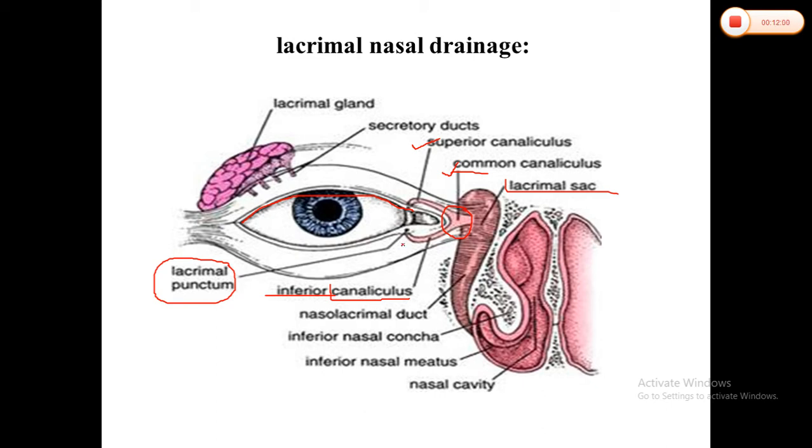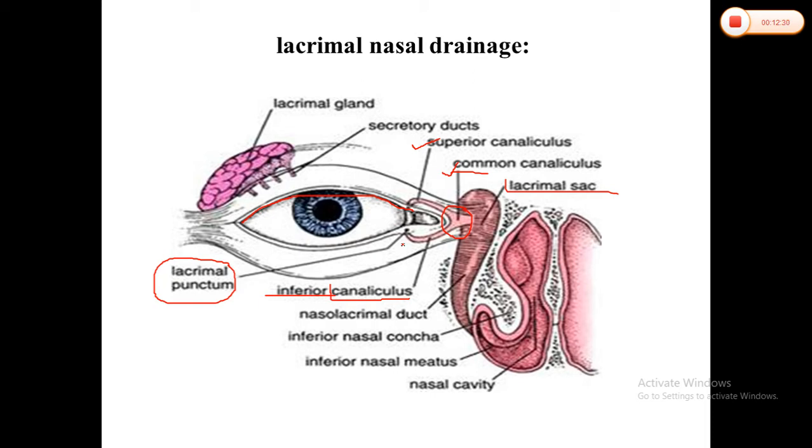So basically, the mechanism of this part, the movement of the tears into the nose, occurs via an active lacrimal pump assisted by some muscle groups. When the eye is open, the normal state of the puncta and the canaliculi is open, but the lacrimal sac is empty or collapsed. When the eye closes, the surrounding muscles contract in such a way that the canaliculi are pinched and closed.